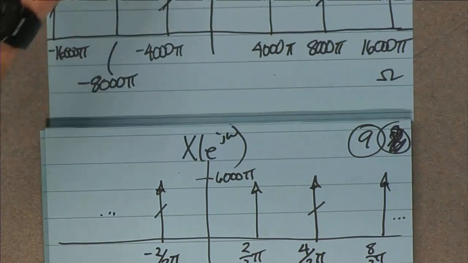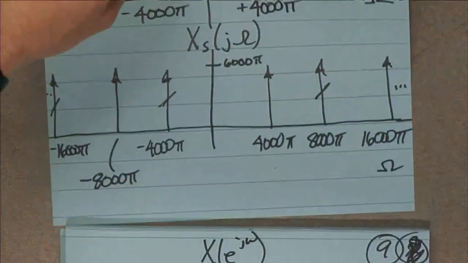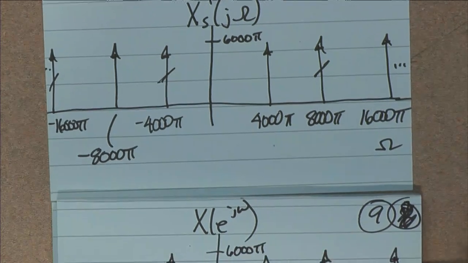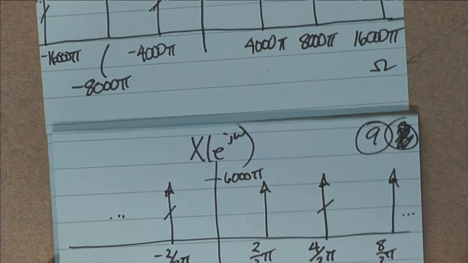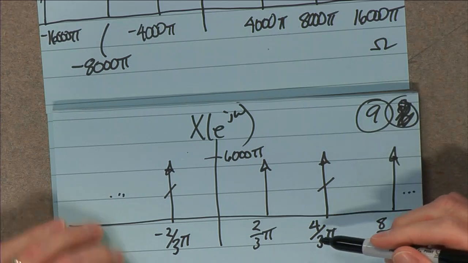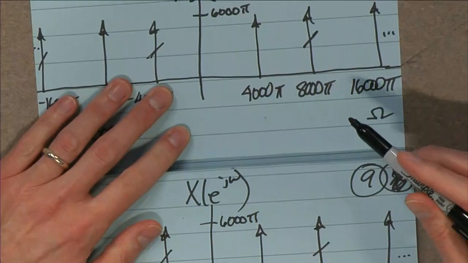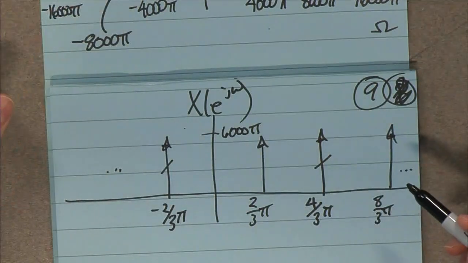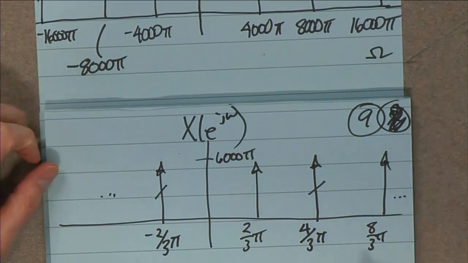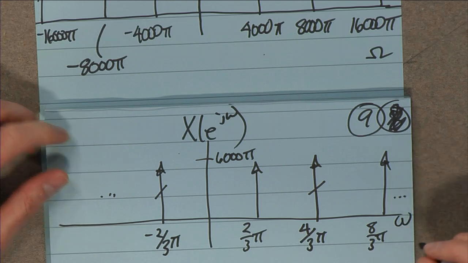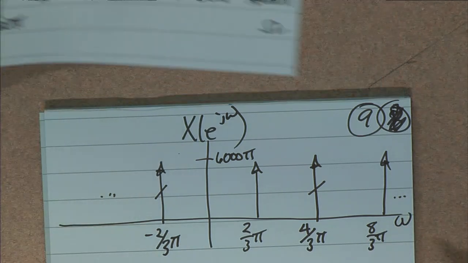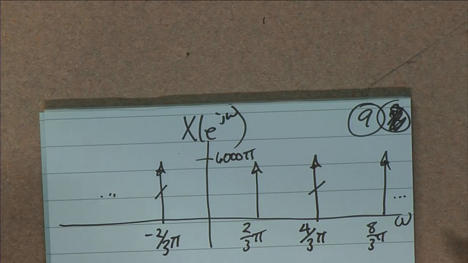And I want to make sure this looks exactly the same. So 16,000 converted to 8/3 pi, 4/3 pi was 8,000, 4,000 pi was 2/3 pi, and etc. So these plots are exactly the same. The only difference is now this is the frequency variable, little omega, and this is the discrete time spectrum.